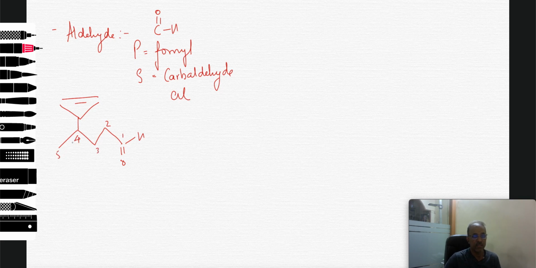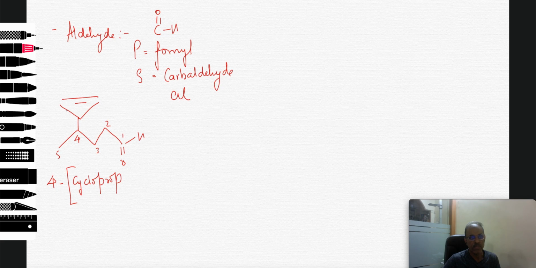Fine. At the fourth position we have a complex locant, cyclopro. If this double bond would not have been there, then it would have been cyclopropyl. But since a double bond is there, that means enyl, E-N-Y-L, CH double bond CH is known as enyl.